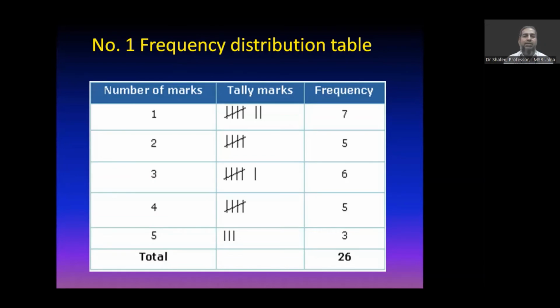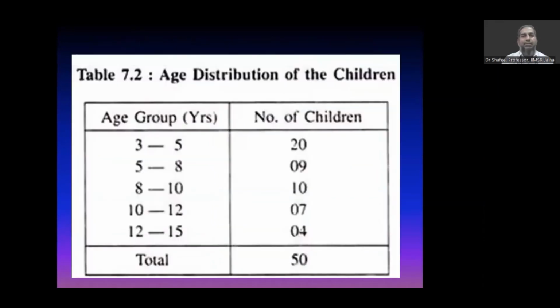So like this you can prepare a frequency distribution table. In a frequency distribution table, you make a column for tally marks, write down the tally marks, then make a total and prepare the column of frequency. This is most commonly asked in the practical exam.